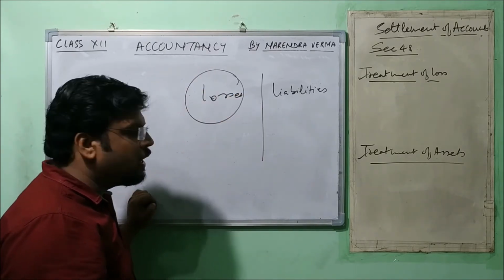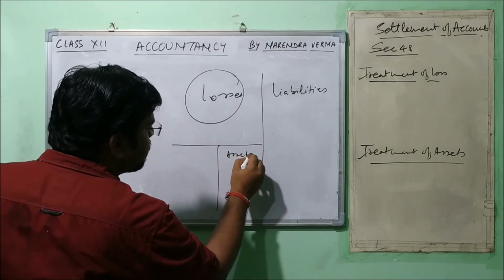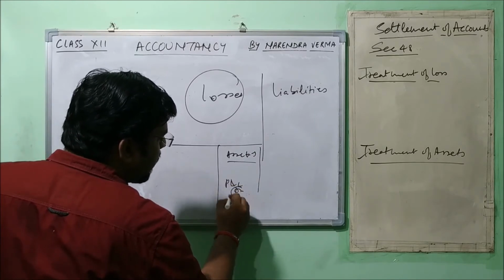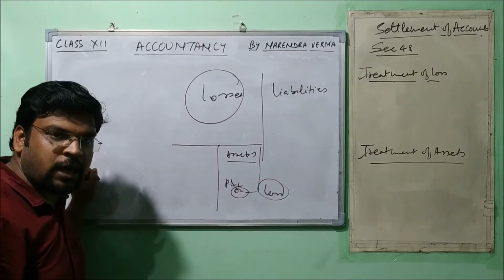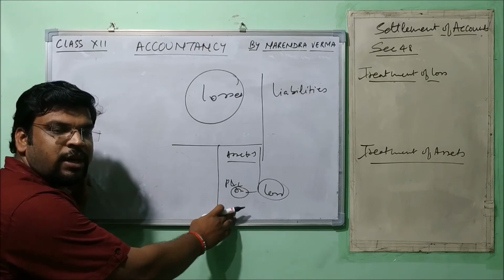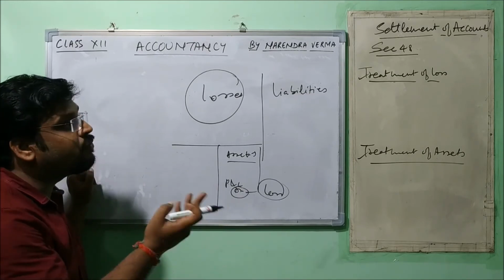If we see the balance sheet, then on the asset side we see the profit and loss debit balance. That is the loss of previous years. If it is accumulated for many years, it needs to be paid. For that, what is the treatment at the time of dissolution of the firm?